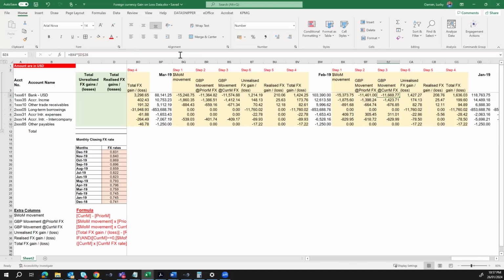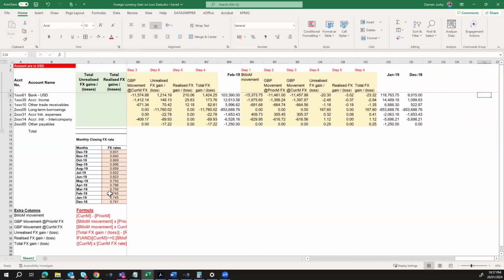Step 3 to become February rate. And step 4 to become February rate to January and March rate to February. Alright. Now drag down.